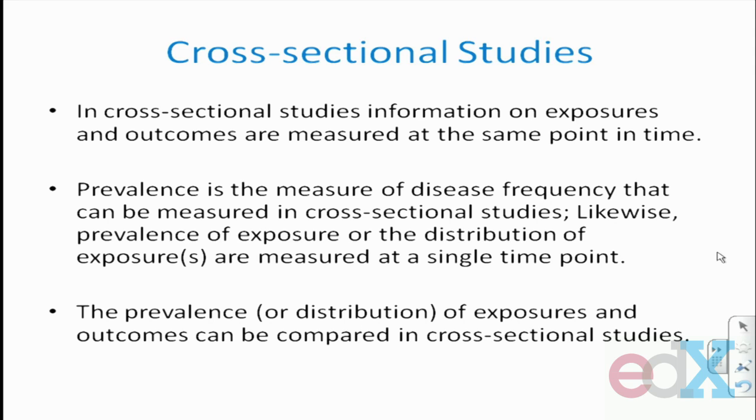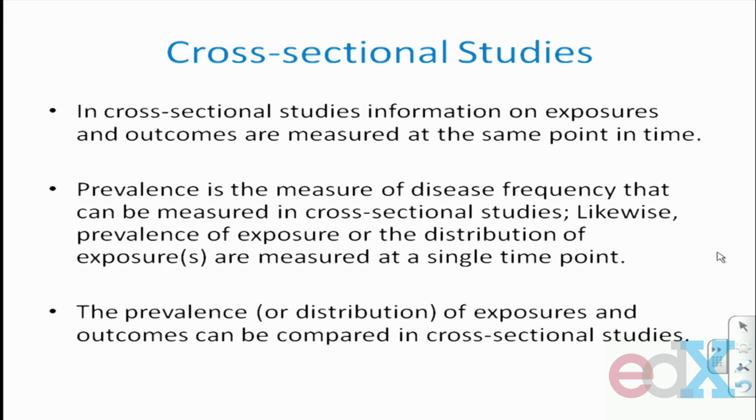Now, in cross-sectional studies, we are evaluating the exposures and the outcomes and the covariates all simultaneously. As a result, the natural measure that we look at in terms of disease frequency is going to be the prevalence, the number of cases of a particular disease that's present at that point in time. Likewise, the measures of exposure are also looked at a single point in time.